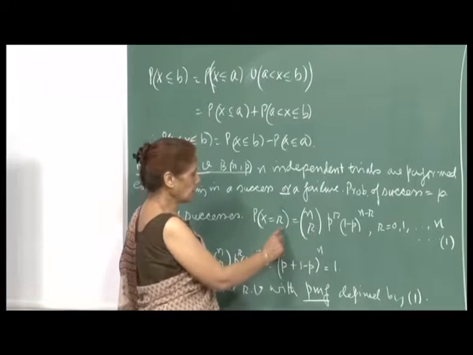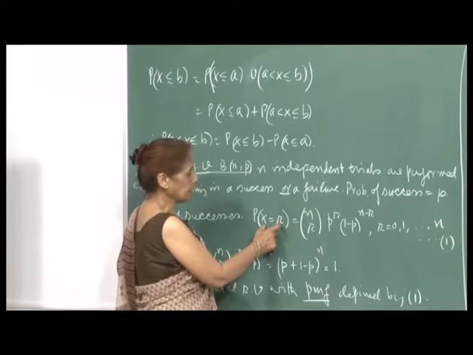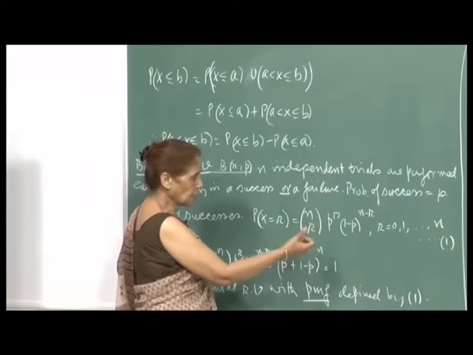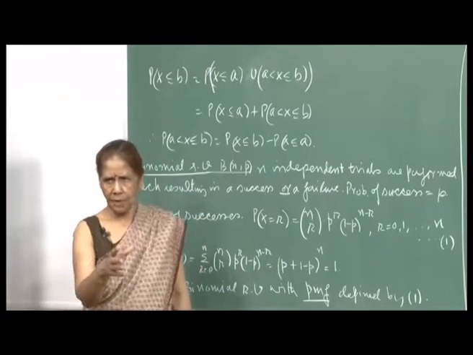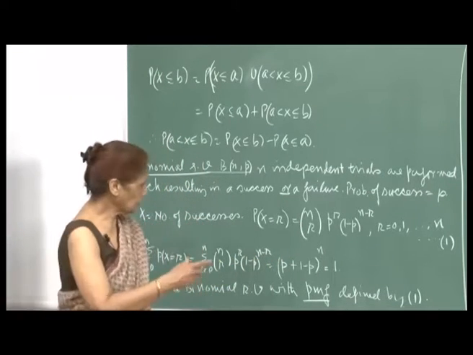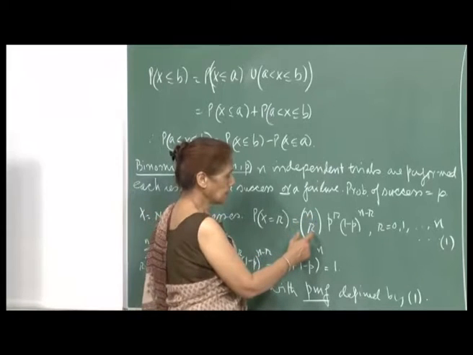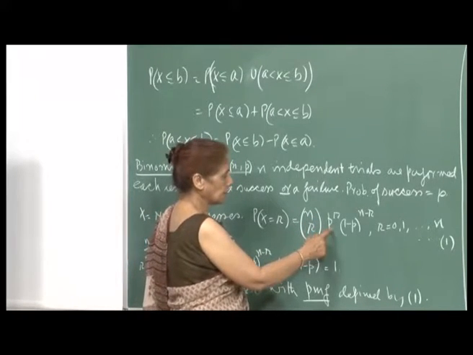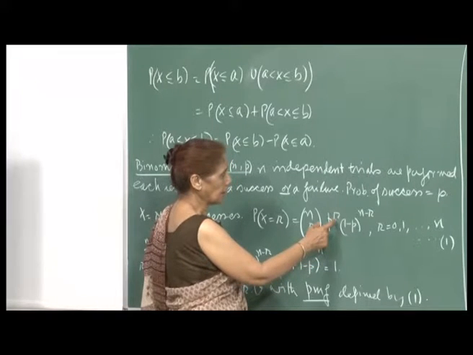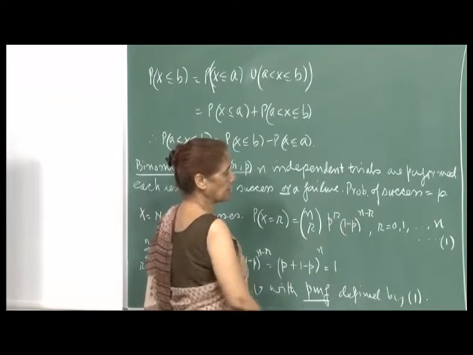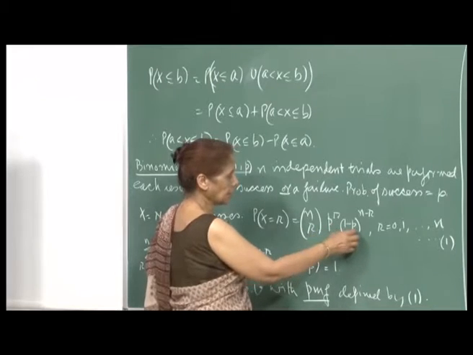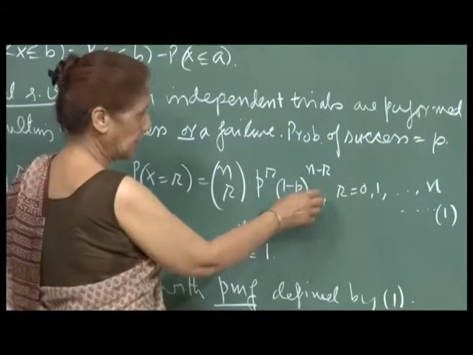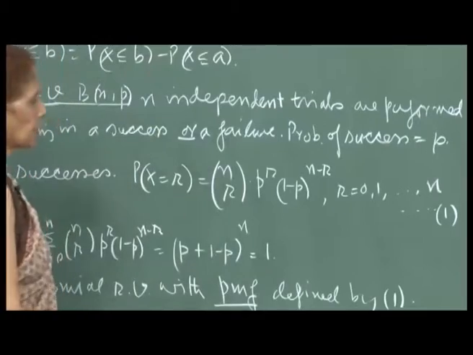Obviously, if you are looking for r successes in n trials, then they can be any r trials out of the total n trials. So, n choose r, and then since r successes, p^r, and (1 minus p)^(n minus r) for the n minus r failures, and this is for r varying from 0, 1 to n.